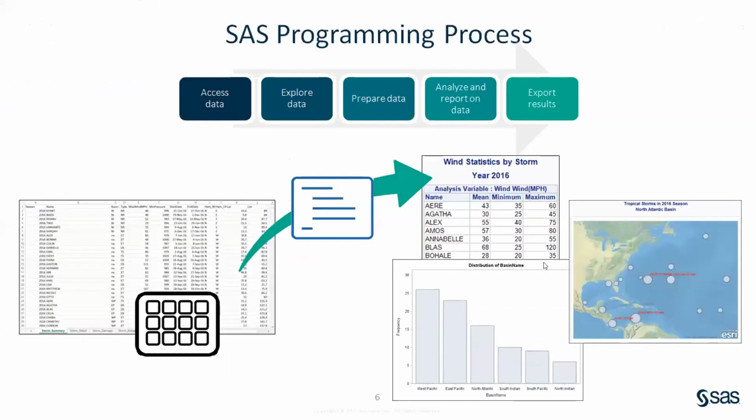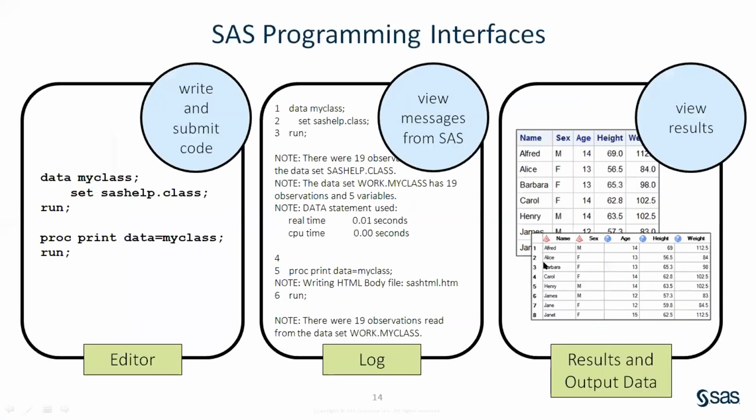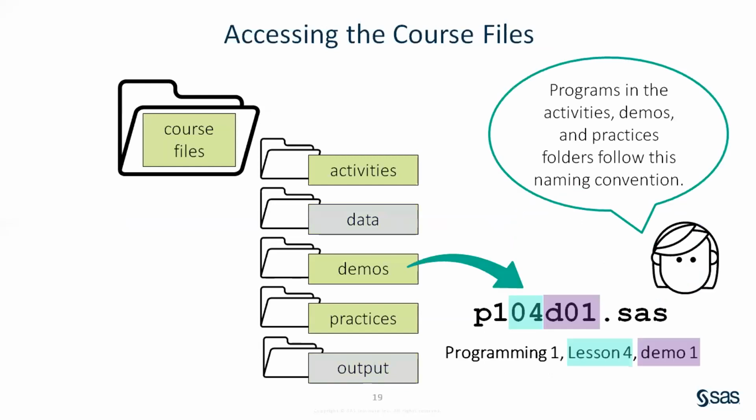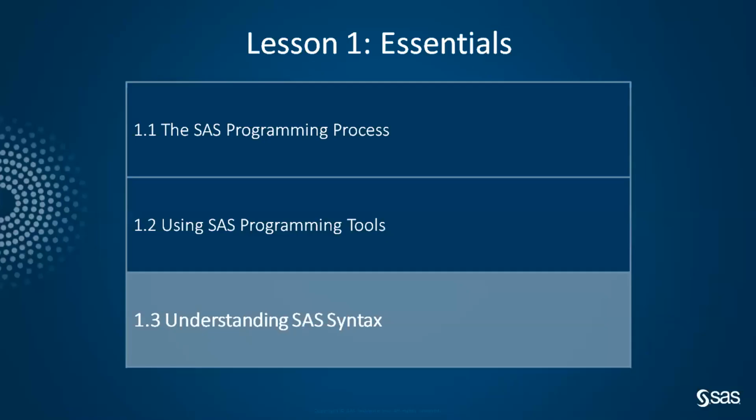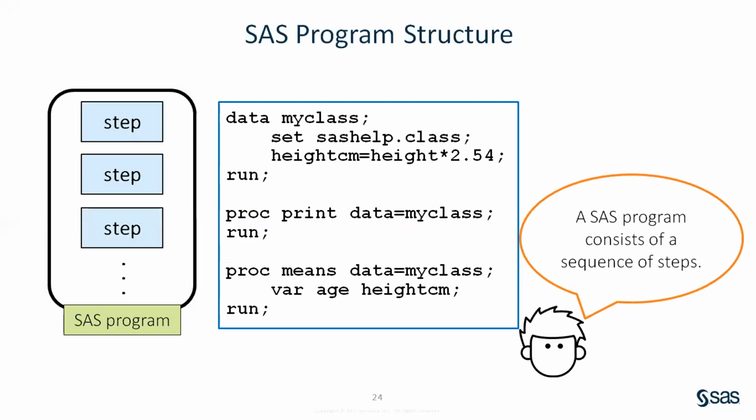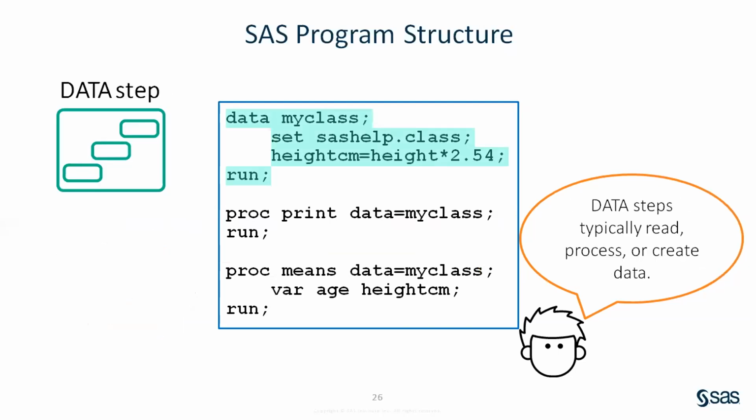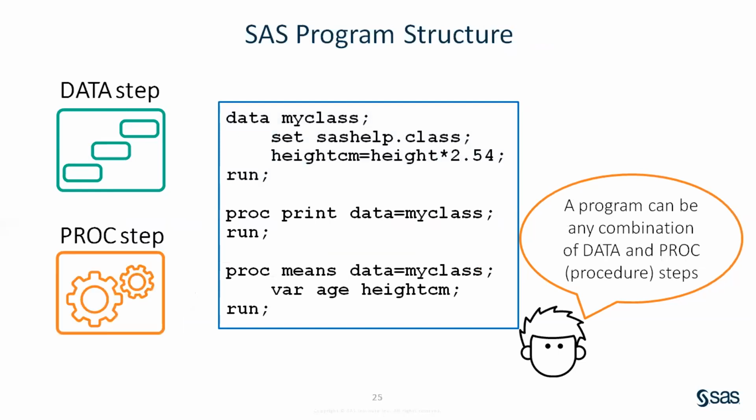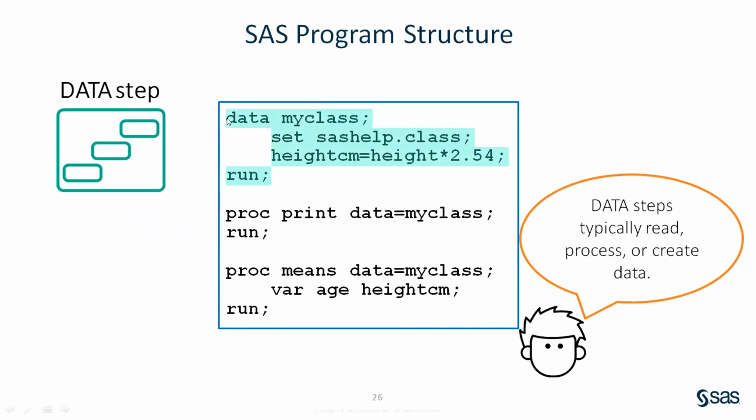So it was just for us to become acquainted with the system and how it works. This was the demonstration. Now we are actually understanding what a SAS program looks like. A SAS program is a combination of data and proc steps. Every step begins with the keyword data if it's a data step, and ends with run.